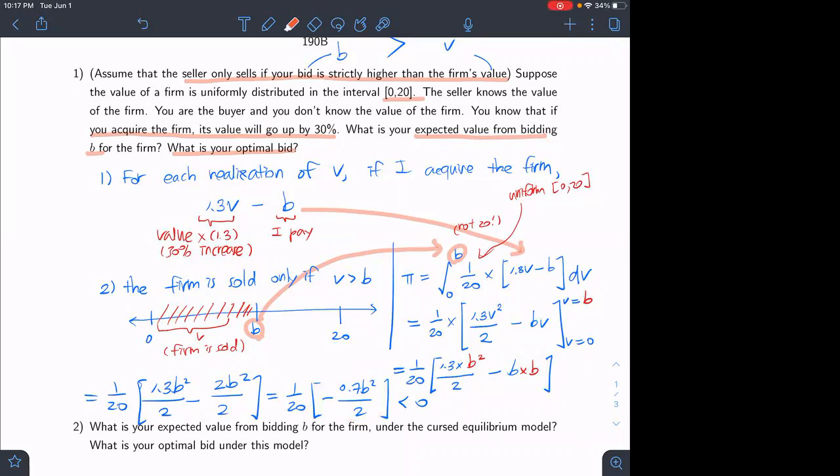So I will only have a loss if I invest B. For any bid B, I will have a loss. So it is optimal to bid nothing, with B equals 0. This is negative if B is strictly positive. So if I want to maximize the expected value, my optimal bid is 0.